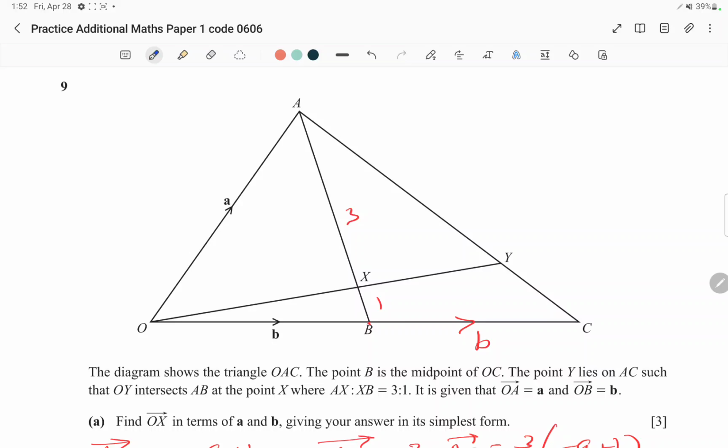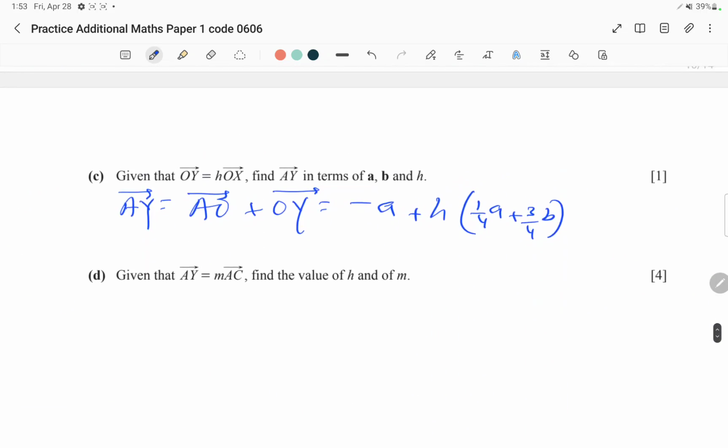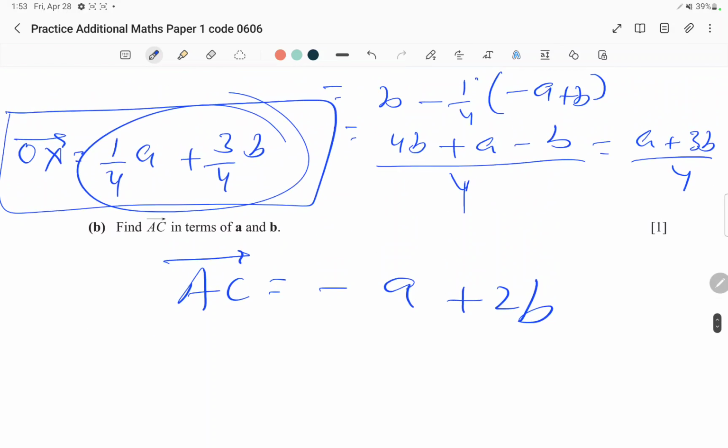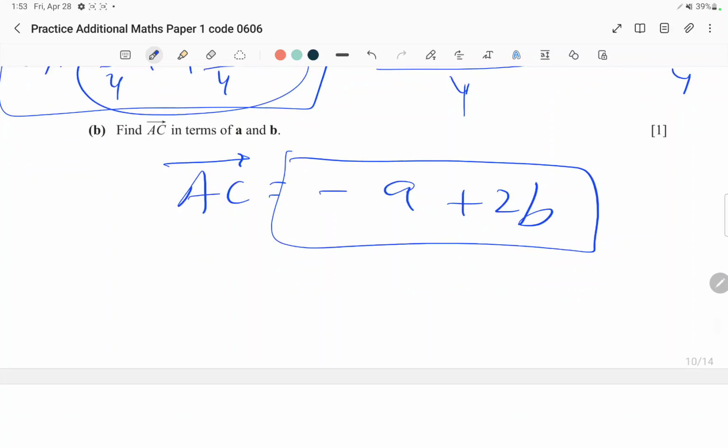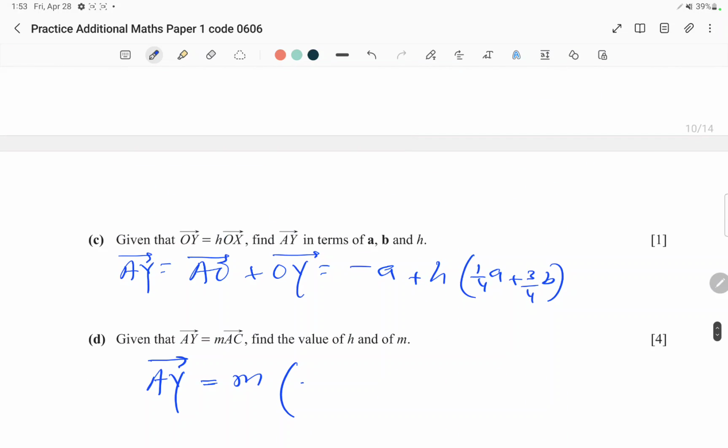So again we can find AY is M times AC. I think AC we found. Yeah, this is AC: minus A plus 2B.